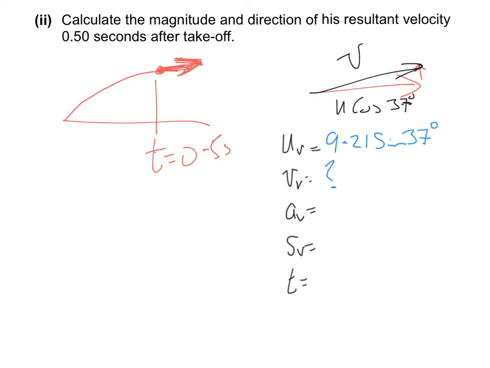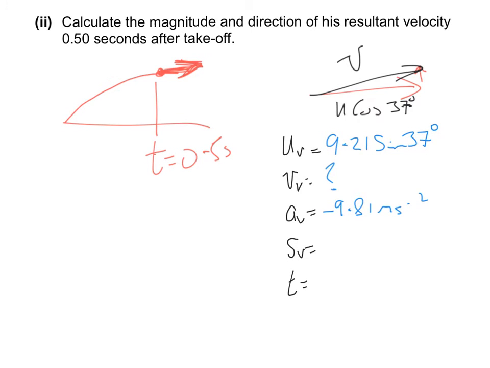We still have an initial vertical velocity of 9.21 sine 37. v is the thing we're interested in. a is still g. s vertical is some value that we're not desperately interested in, and t we know to be 0.5 of a second.